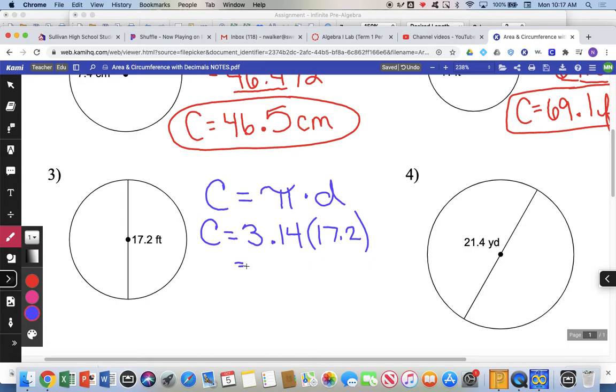So we're going to multiply that out. 3.14 times 17.2. Kayla, when you're done multiplying that, let me know what you get.